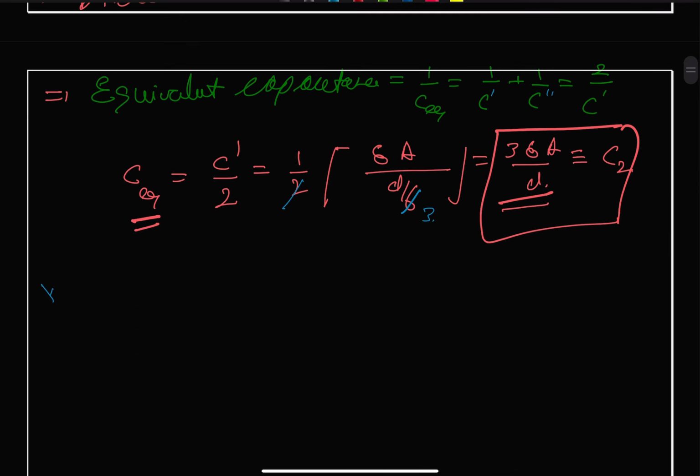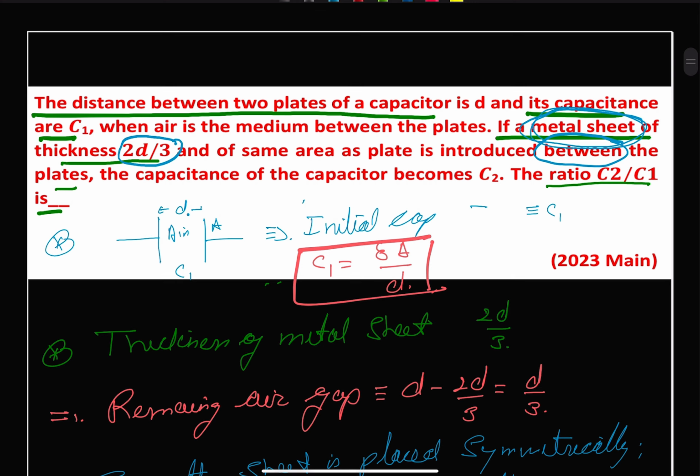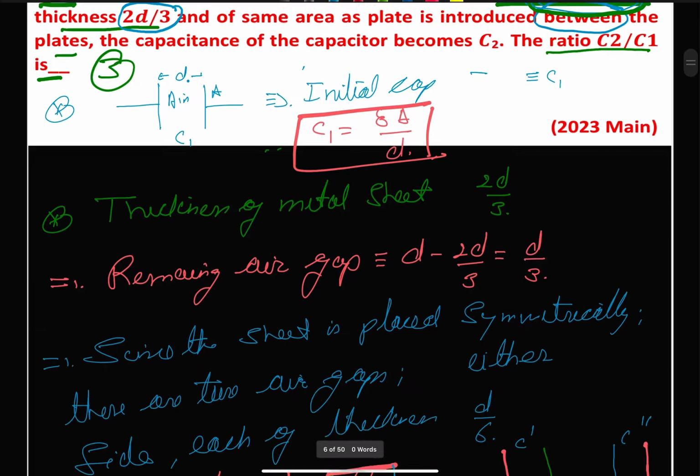C2 by C1 is 3 epsilon naught A divided by D, over C1, which is simply epsilon naught A upon D. This entire thing cancels out, so the ratio C2 by C1 is equal to 3. We have to remember that the sheet is a metal sheet. Next question.